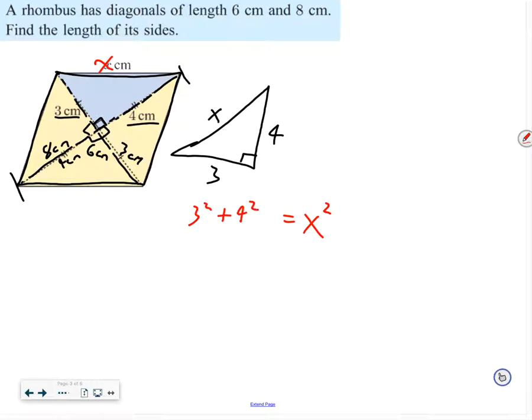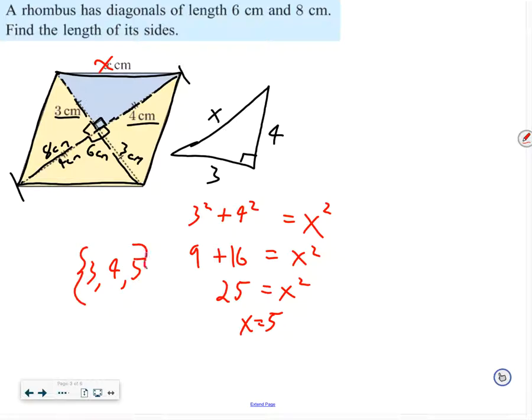This is a Pythagorean triple, because I know that 3 squared is 9, 4 squared is 16. This is equal to X squared. 9 and 16 is 25, and that's X squared, so X is equal to 5. Again, we remember that 3, 4, 5 is a Pythagorean triple that we'll see quite often with our right triangles.